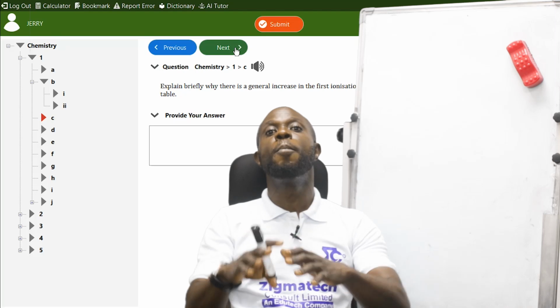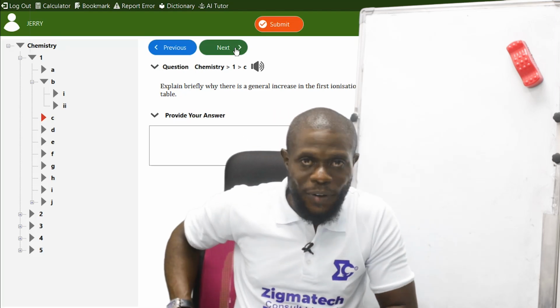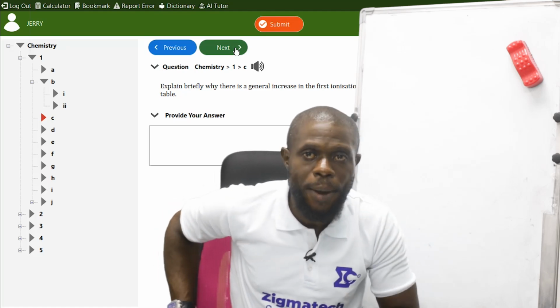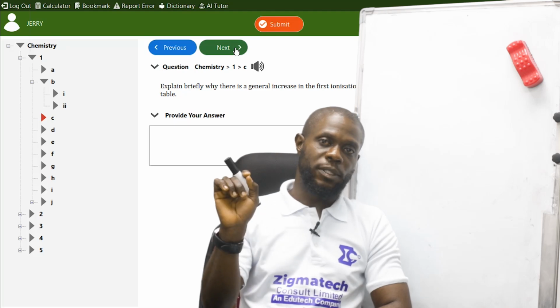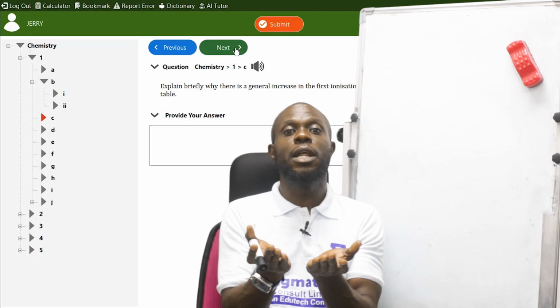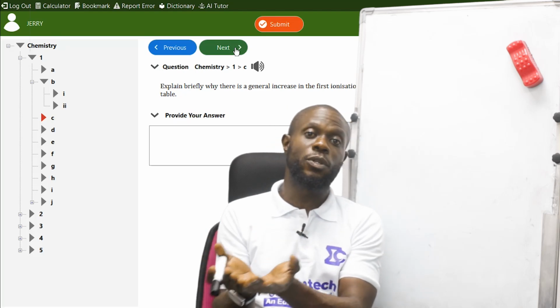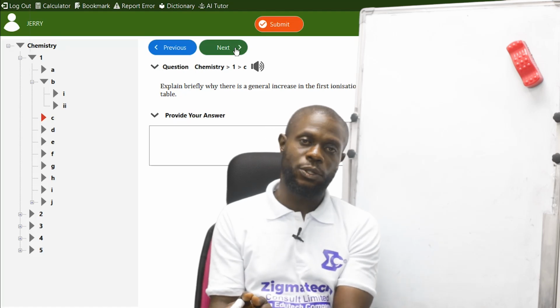So the atomic number becomes the number of protons alone. So the number of protons quantifies the number of electrons, because one proton in the nucleus gives us 1 electron in orbit. And that is why the atom is electrically neutral, because it has the number of protons and electrons.